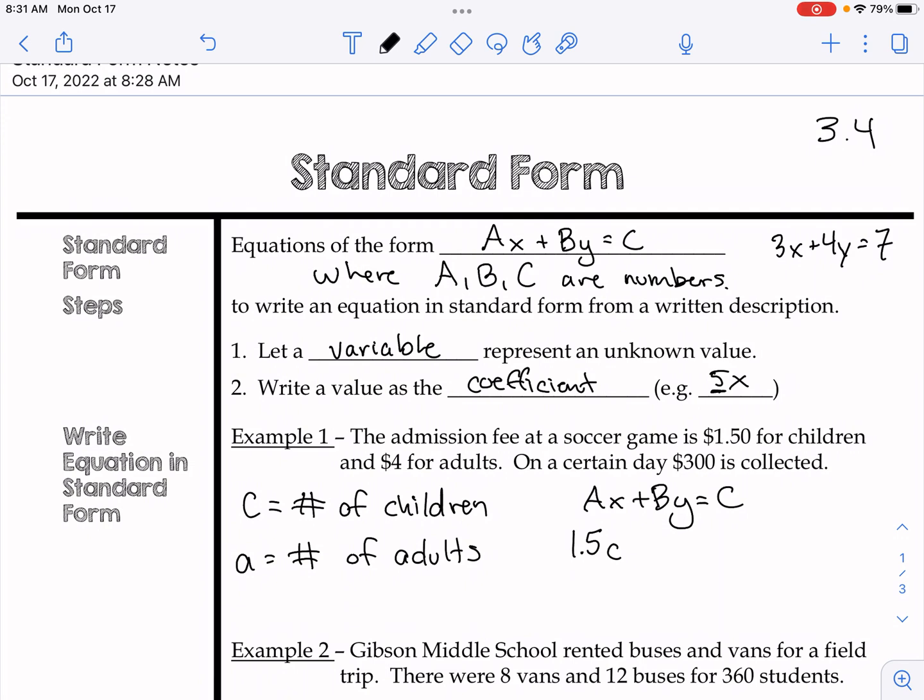It's still the same thing. And let's say I put lowercase a for lowercase y, and it was $4 for adults. So this would be plus 4a equal to 300. Okay, this is an equation that could model this situation, where we could use this for something else in our chapter to identify number for each kid.